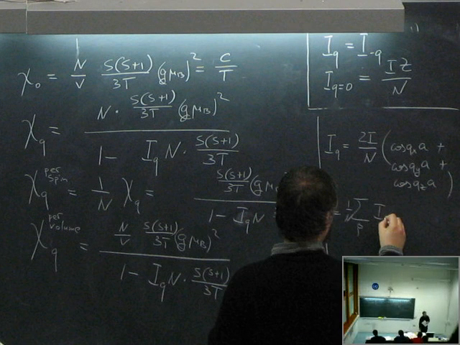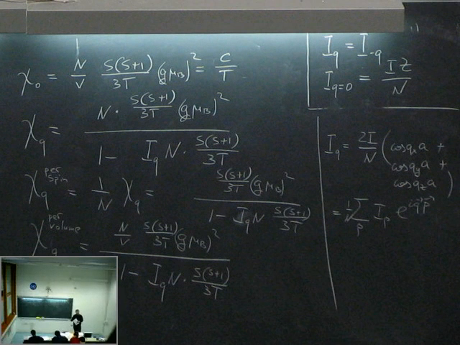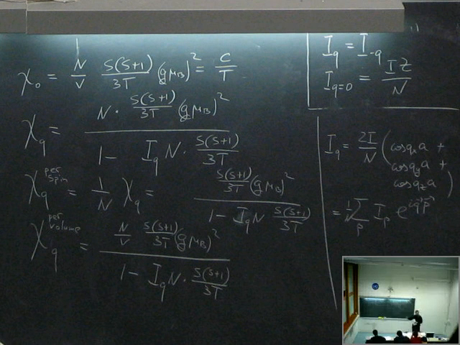Again, to let you be familiar with the literature, sometimes the total number of nearest neighbors, namely coordination number, is separated explicitly from this formula.